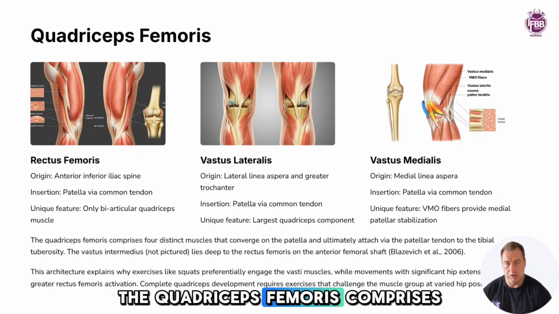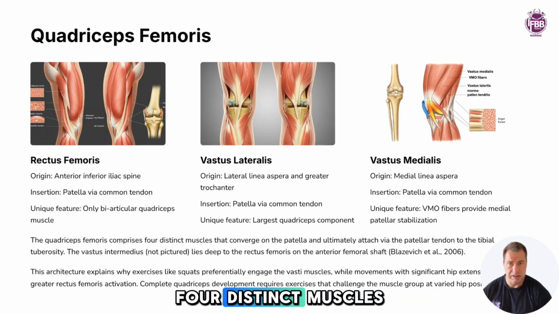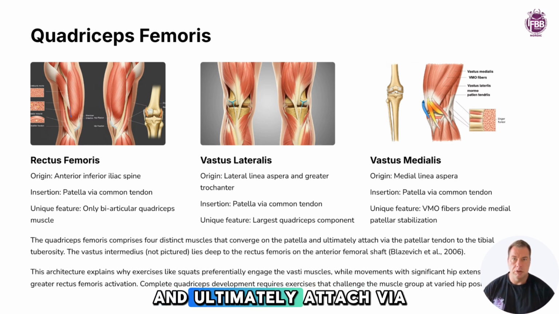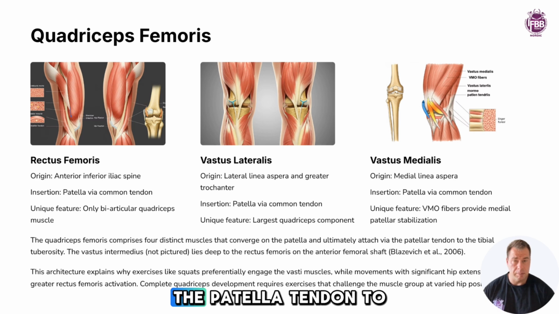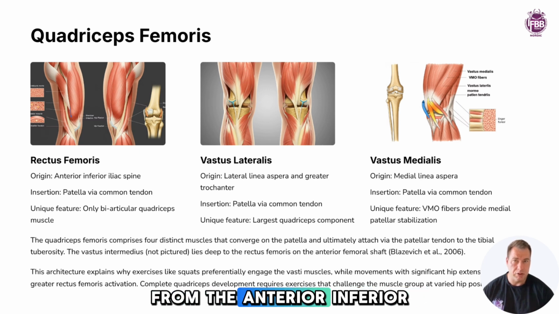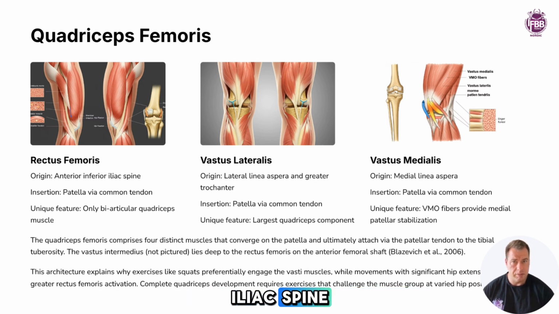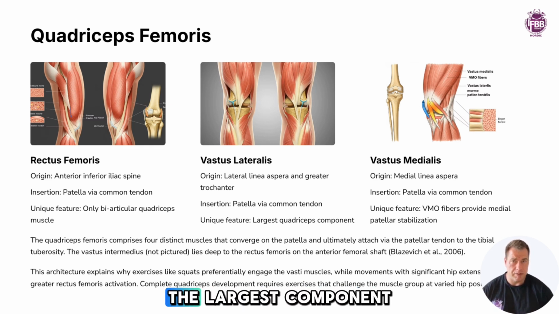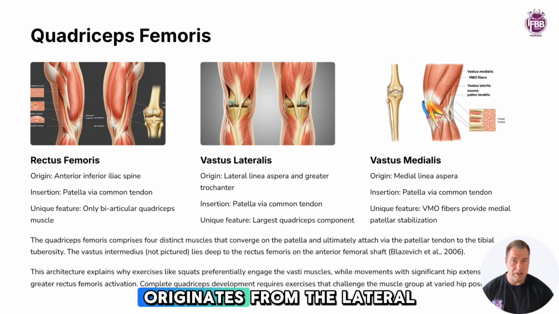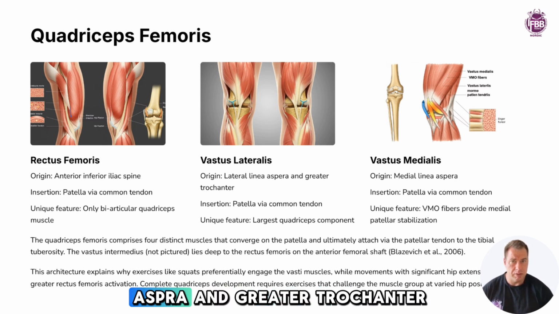The quadriceps femoris comprises four distinct muscles that converge on the patella and ultimately attach via the patella tendon to the tibial tuberosity. The rectus femoris originates from the anterior inferior iliac spine, crossing both the hip and knee joints. The vastus lateralis, the largest component, originates from the lateral linea aspera and greater trochanter.